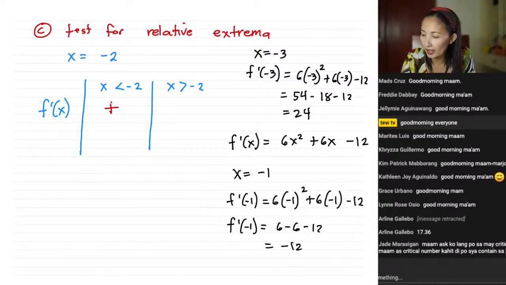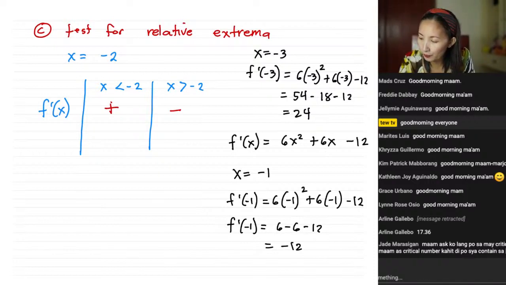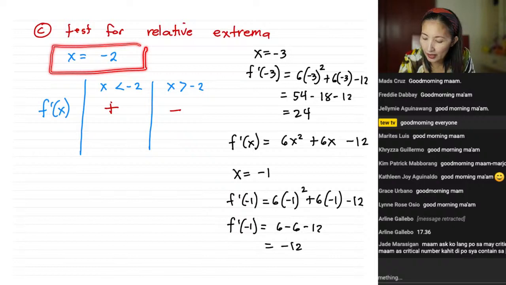So from positive to negative, what can you say then? That f of negative 2, this x value, this critical number, gives a relative maximum.